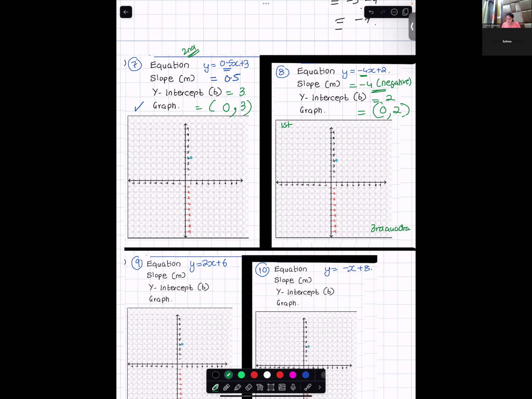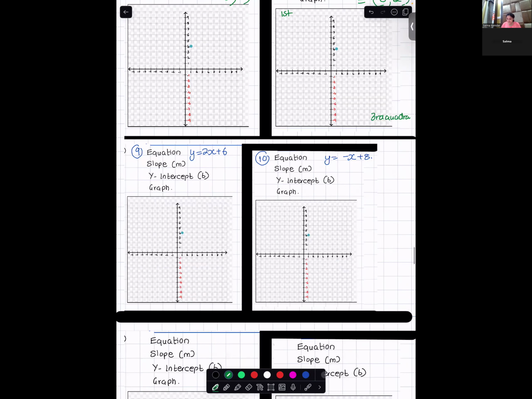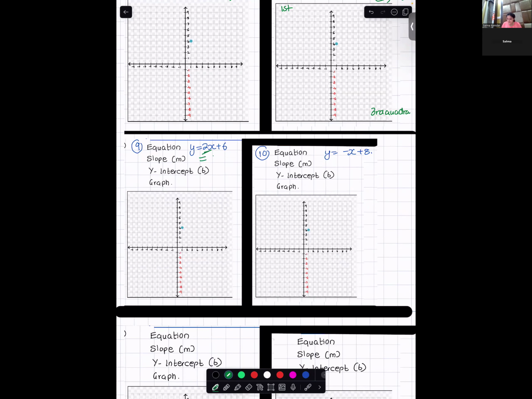You'll have to pause and do it. Slope is positive, slope is 2. Y-intercept is 6. It will be a positive slope. Y-intercept is 6. X-intercept would be 0. Second point you have to find.